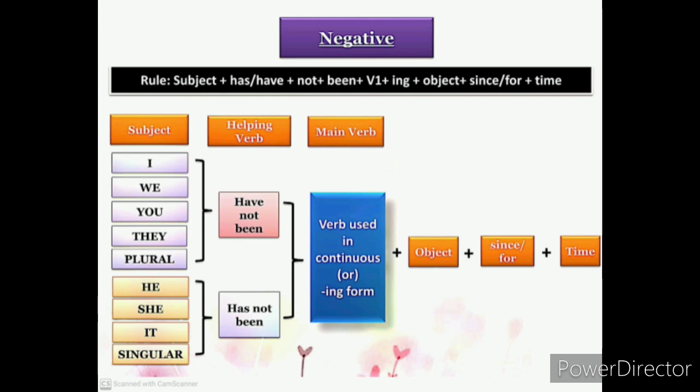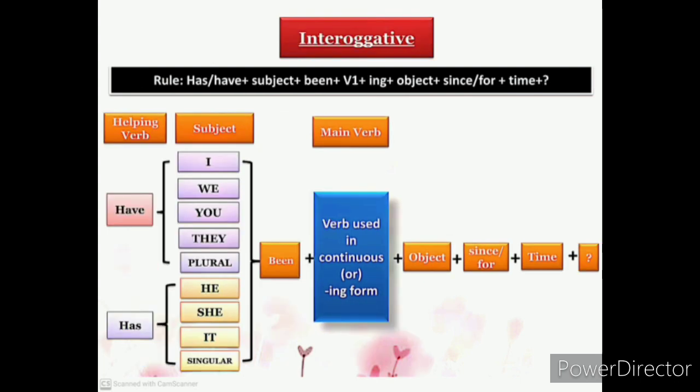It has not been raining for the last 15 minutes. Now come to the next one, interrogative sentence. Rule of interrogative sentence is has or have plus subject plus been plus v1 plus ing plus object plus since or for plus time plus question mark.